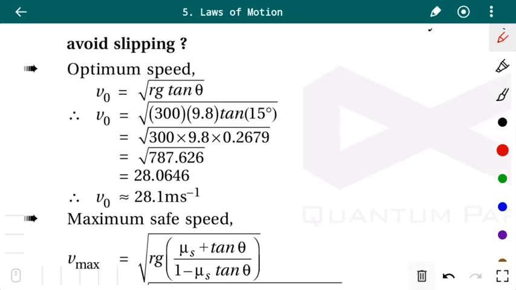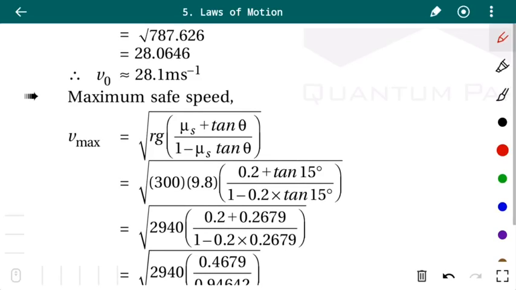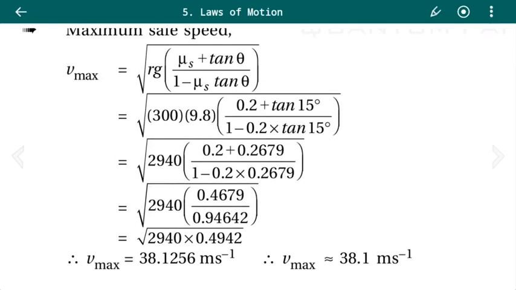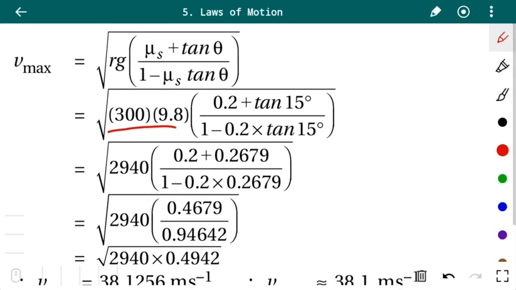Now the maximum safe speed. The maximum safe speed equals under root Rg into (mu s plus tan theta) upon (1 minus mu s tan theta). Substituting the values of R, g, mu s and theta, we get 300 into 9.8 into (0.2 plus tan 15 degree) upon (1 minus 0.2 into tan 15 degree).